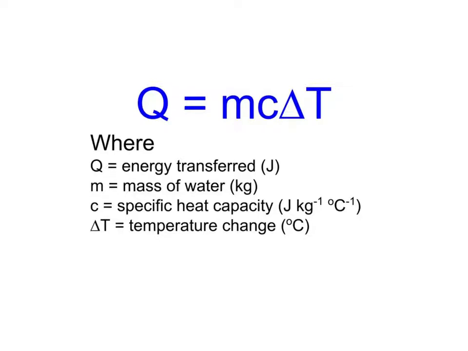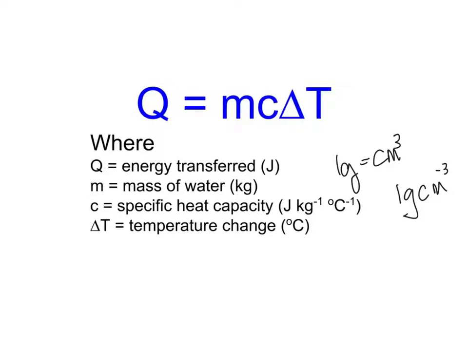Now, luckily for us, 1 gram of water is equal to 1 cm cubed of water, because the density is 1 gram per cm cubed. So every cm cubed of water has a mass of 1 gram. So every litre, which is 1,000 cm cubed, has a mass of 1,000 grams or 1 kilogram.